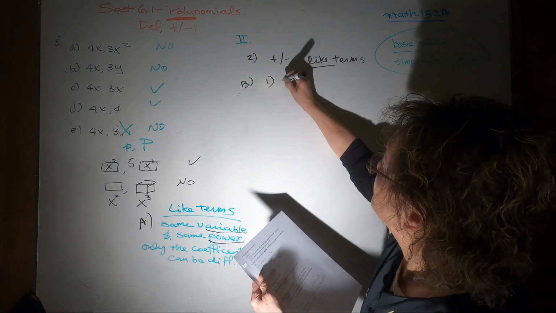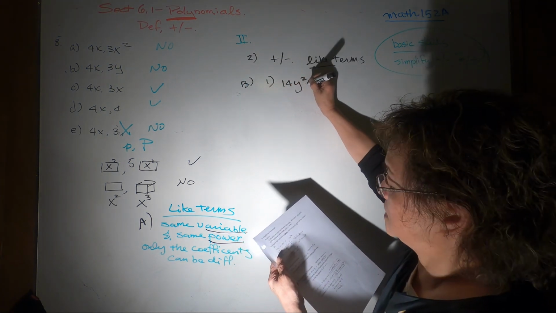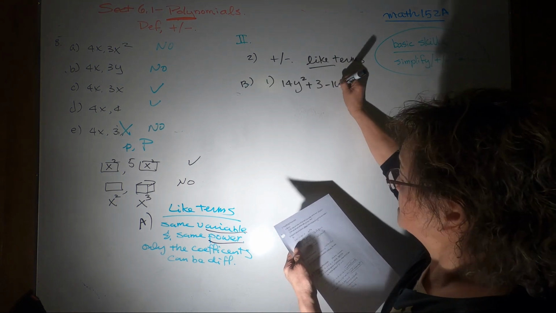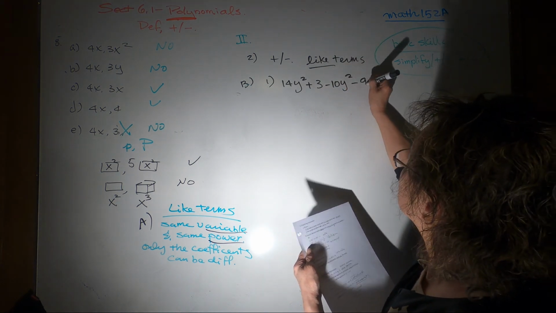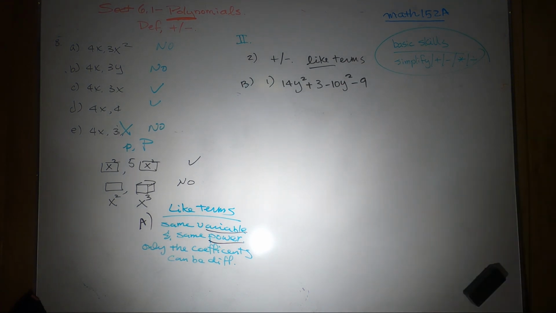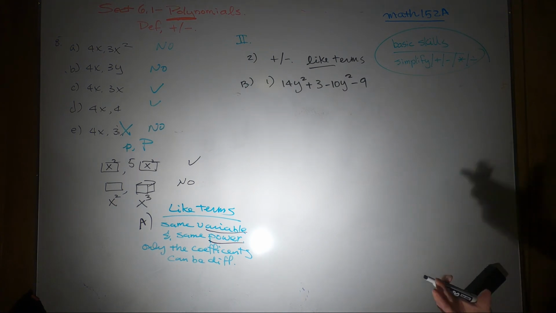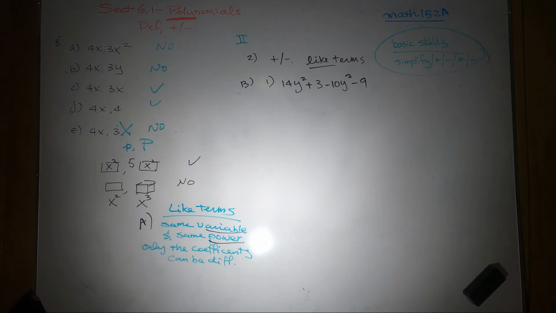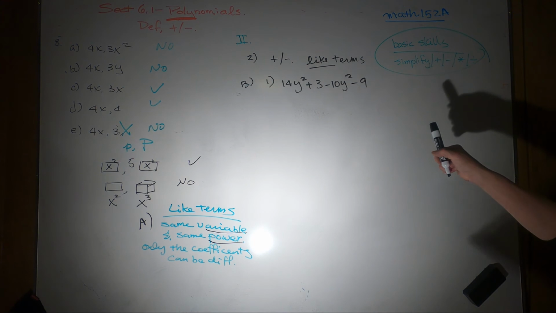Okay? So let's take a look. If we have 14y squared plus 3 minus 10y squared minus 9. So how many terms do we have right now? 4 terms. But we want to put pesos and pesos together, dollars and dollars together, like terms. So do we have like terms here?